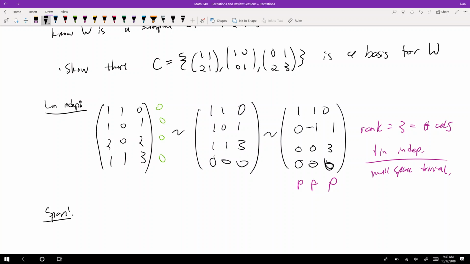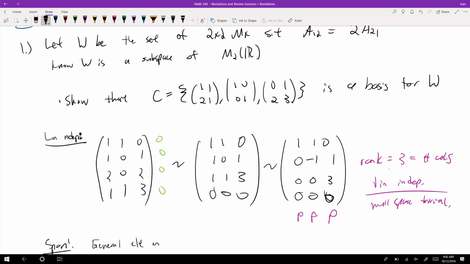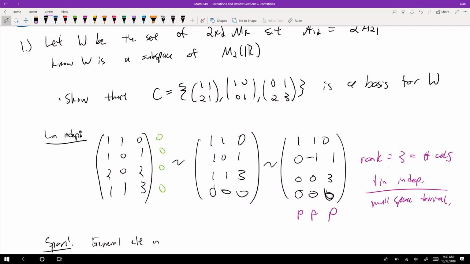Span. Remember what the first step of showing span was? Yeah, so we need a general element in what? In M2R or in W? W, right?